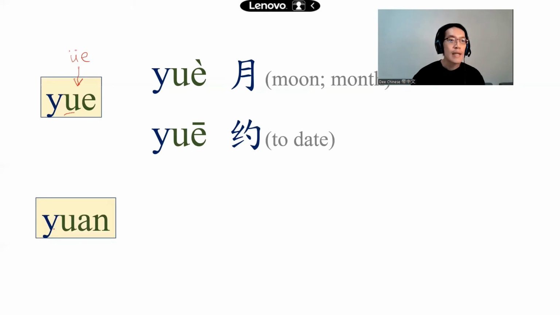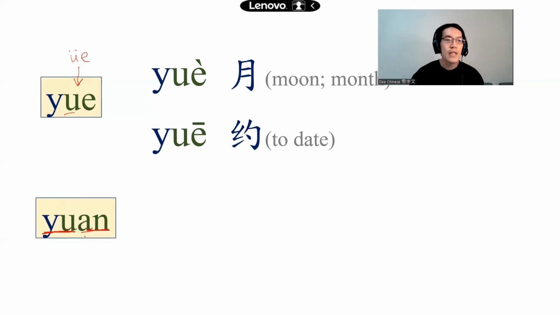And the next one, y-u-a-n, how can we pronounce this combination? Actually, this is yu and an together. So yuan.